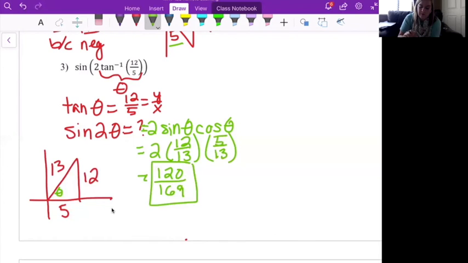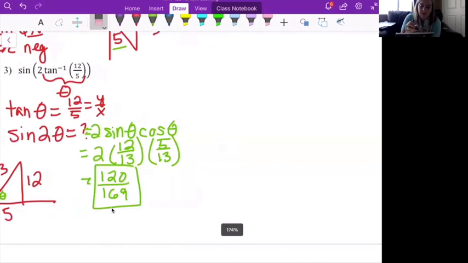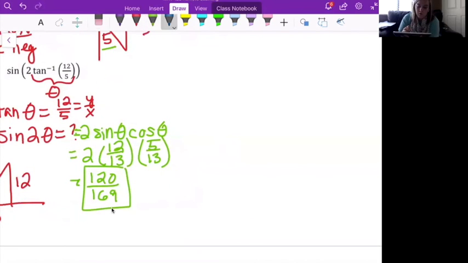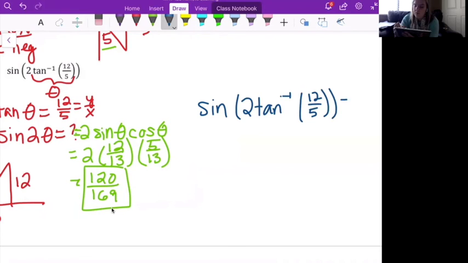And so again, just to write it out a little bit more formally for you guys to see exactly what we did. Sine of 2 tangent inverse of 12 over 5 is equal to 120 over 169. And so again, anytime that we are taking tangent inverse, sine inverse, cosine inverse, that is an angle.